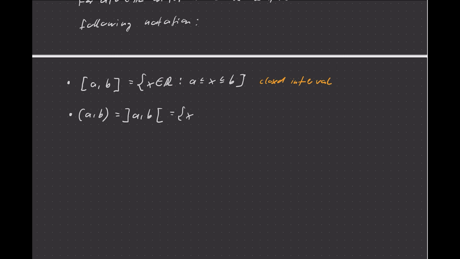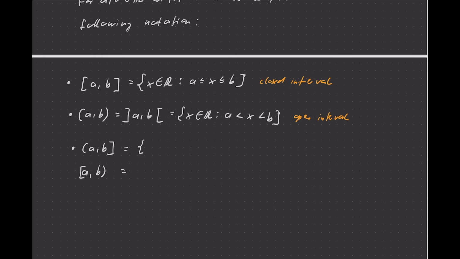What does that mean? Almost the same thing. The difference is the bounds A and B themselves are not included in this interval. So A is strictly less than any number in the interval, and any number in the interval is strictly less than B. That is an open interval. And of course, we can combine these. We can also do something like (A, B] or [A, B).